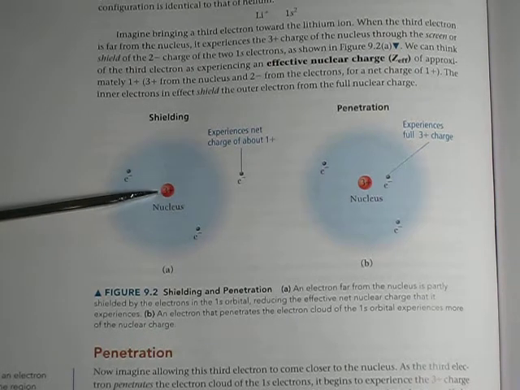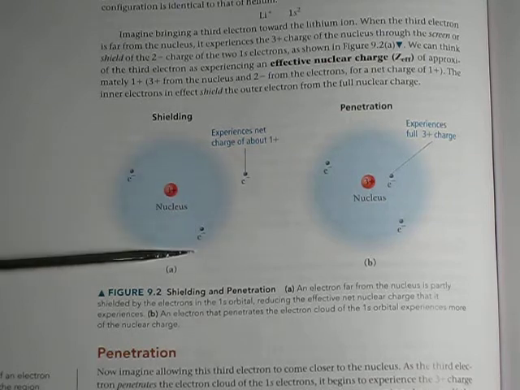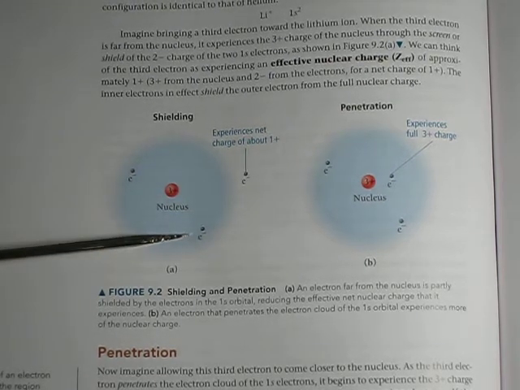Say you had a 3+ nucleus here and you had 2 electrons in this orbital around this 3+ nucleus. Note, each electron is negatively charged.